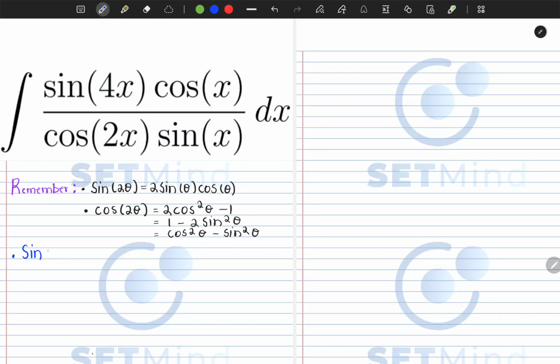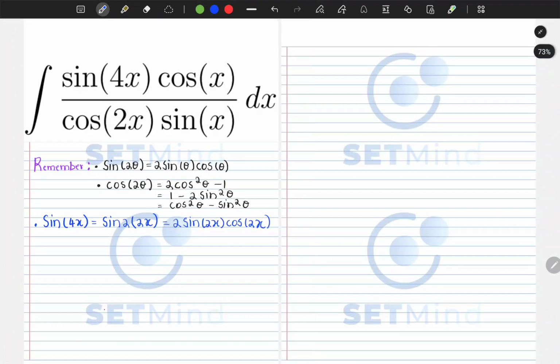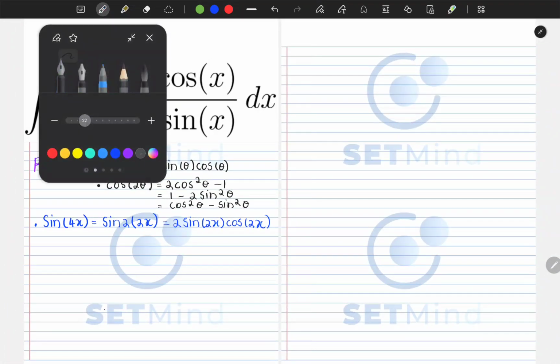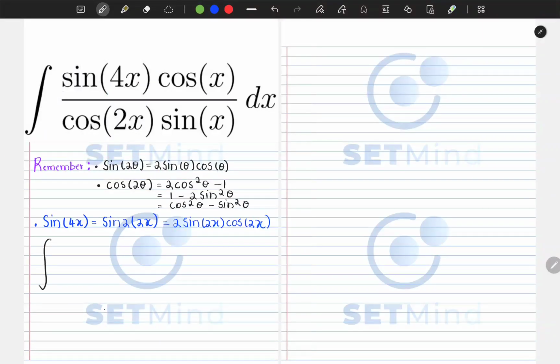Okay, so when I look at my integration, I can see that I have sine of 4x. Now, if you think carefully, sine of 4x can be written as sine of 2 times 2x, and this can be written as 2 sine of 2x cos of 2x. So when I go to my problem above, I can replace my integral.